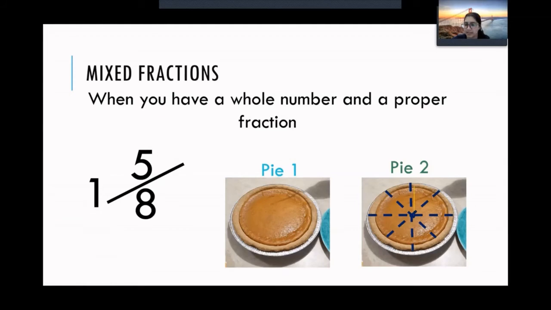I decided to take out this large chunk of the pie. I've taken out 3 pieces from the second pie. So, if I were to ask, what fraction of the 2 pies remains? You would say 1 and 5/8 of the 2 pies remains, because we have one whole pie left, and out of the second pie, we only have 5 pieces left.